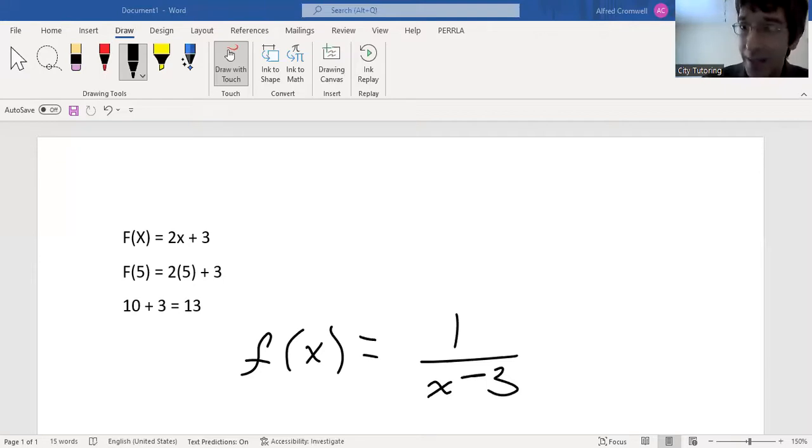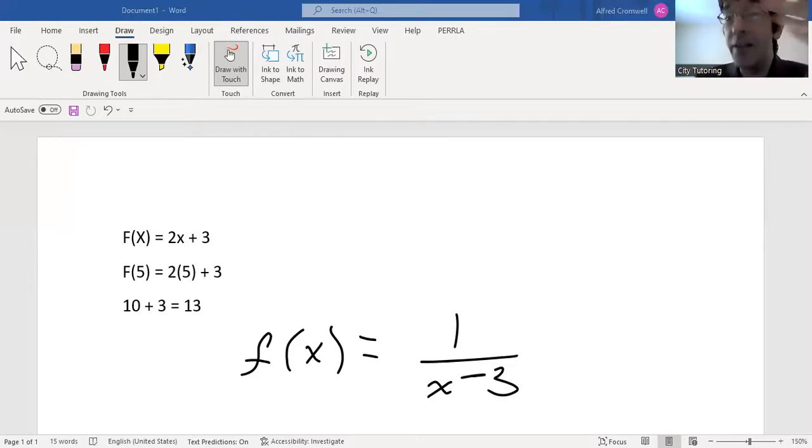You can't divide by 0, that's undefined. So we would say that this function is not defined when x equals 3. But you can safely put any other value of x into this function. So the domain is all real numbers except 3.